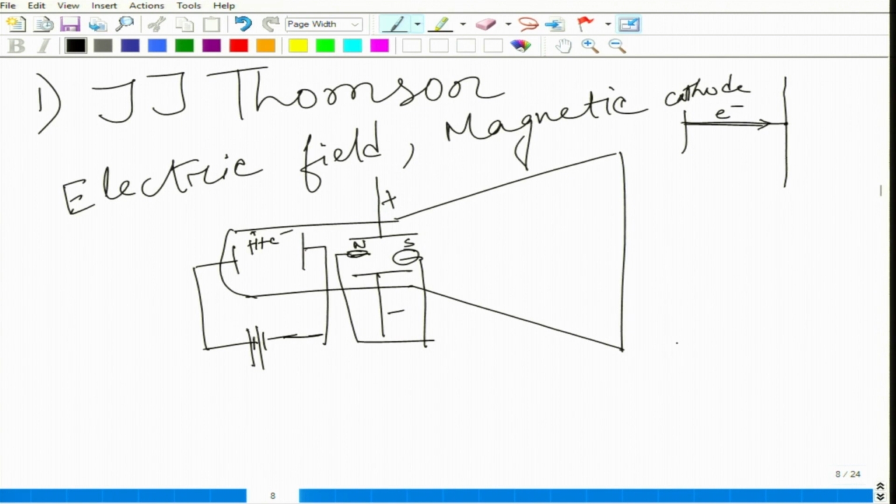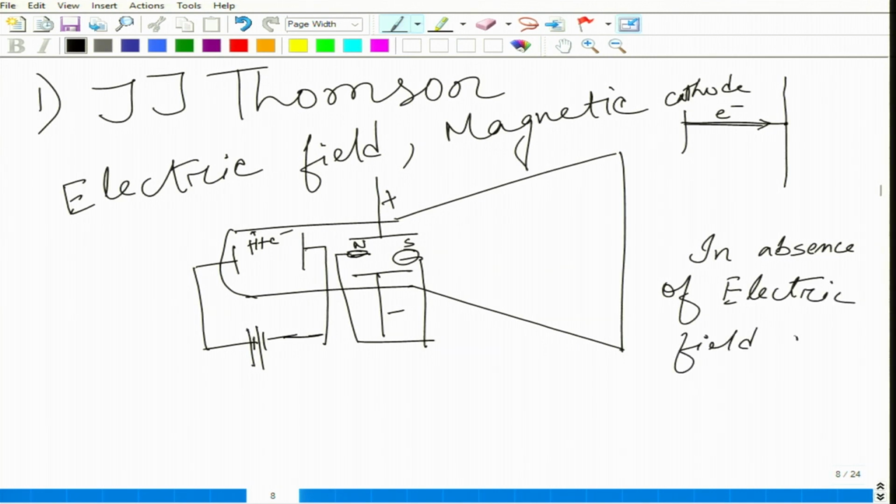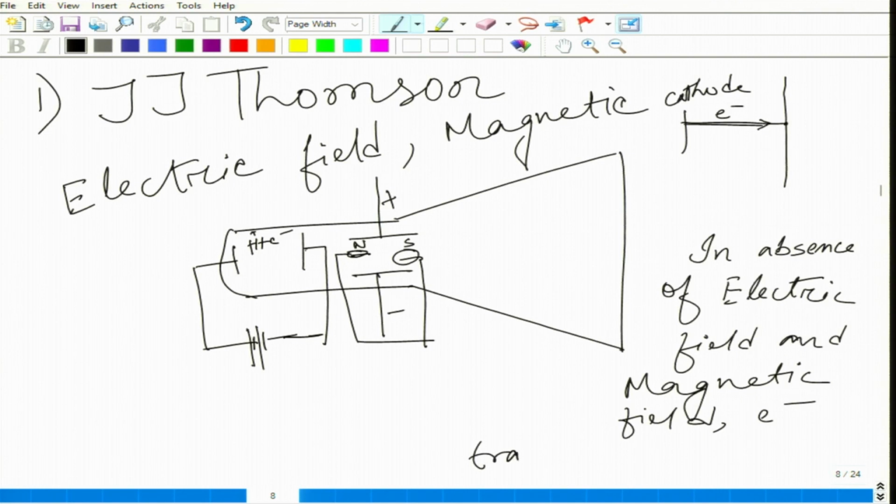As we had studied from the cathode ray experiment, in absence of electric field and magnetic field, electrons travel in a straight line.